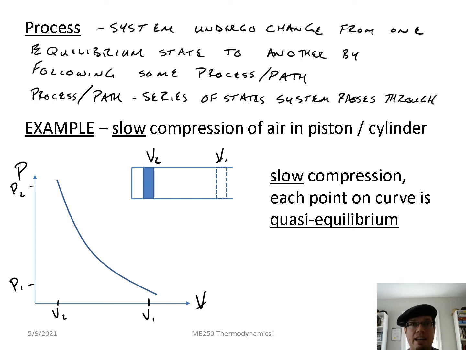That means that at every point along here, you are at quasi-equilibrium. And the reason for that is back to that idea of a state variable. If you push quickly and cram all of the pushing up near the piston head, you can do that, but now you don't have a single defined pressure inside that system. So you can't say that there's a single pressure versus volume if you're pushing too quickly.